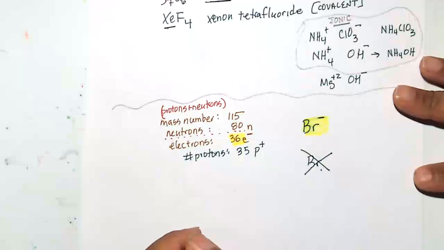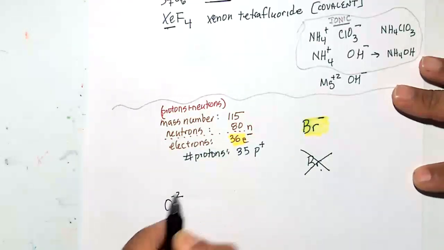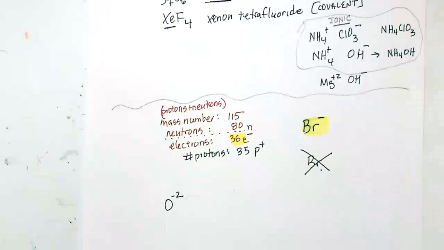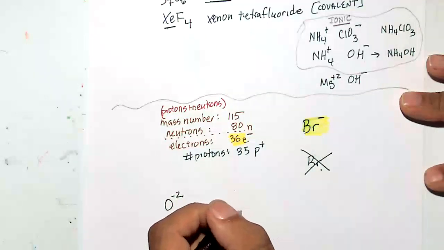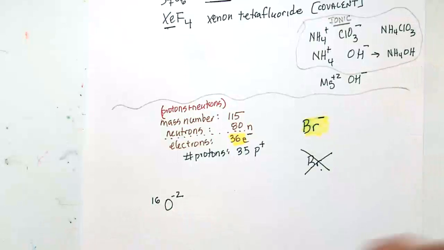How about this one here? How about O minus 2? First of all, what's the name of this? This is oxide. How many protons, neutrons, and electrons? I'll give you the mass number as 16.